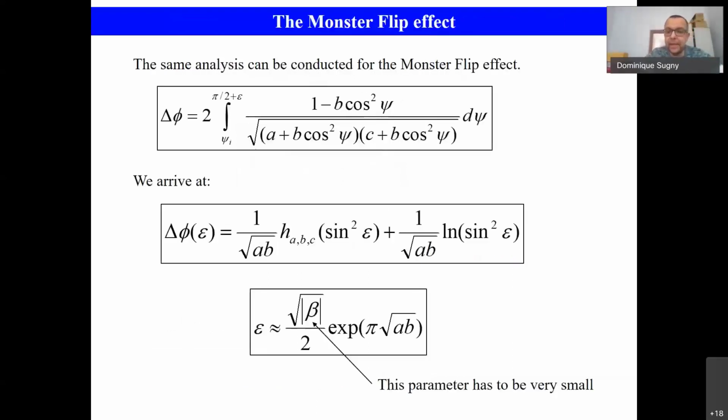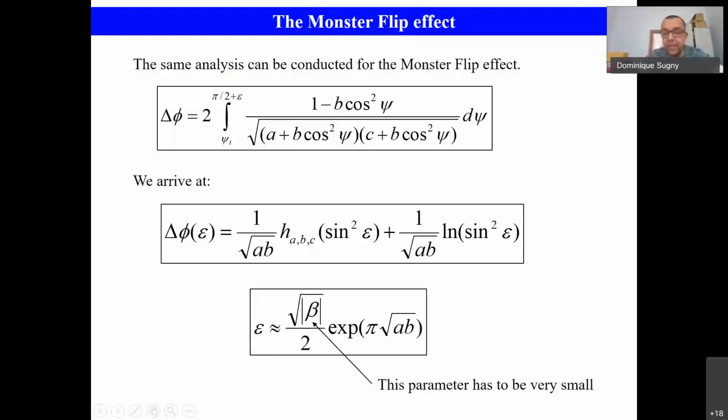We can make exactly the same analysis for the monster flip effect, where we get the following approximate formula. The difference is the fact that here we have a plus instead of a minus in the argument of the exponential, and it means that when AB goes to plus infinity, we need a parameter beta, which corresponds basically to a C, proportional to the parameter C, very small, in order to have a very small parameter epsilon.